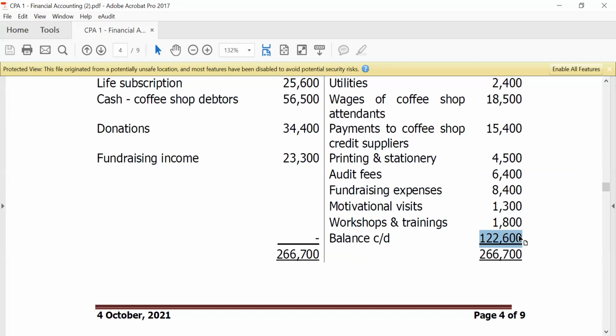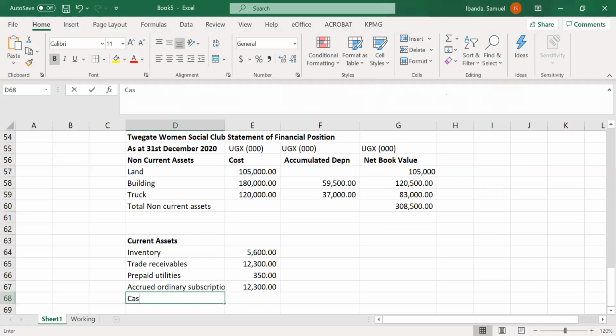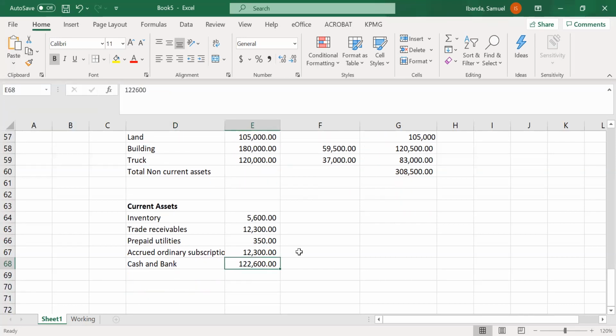Here the balance carried down is on the credit side, meaning the balance brought down is on the debit side. So it's a normal balance that we have at hand. So cash and bank, you can call it receipts and payments, is 12,112.